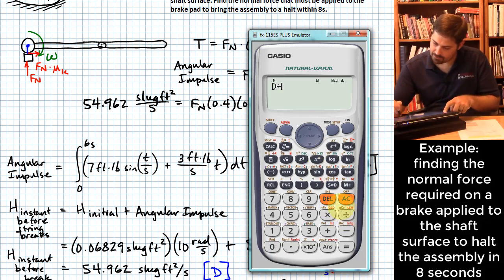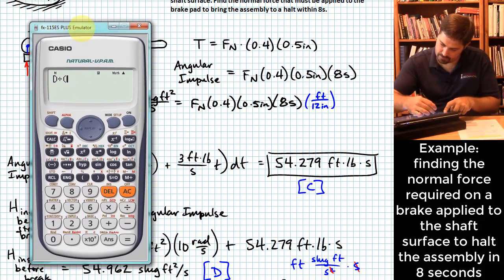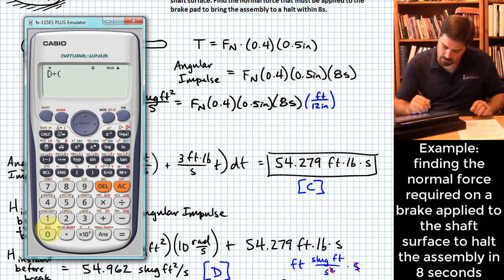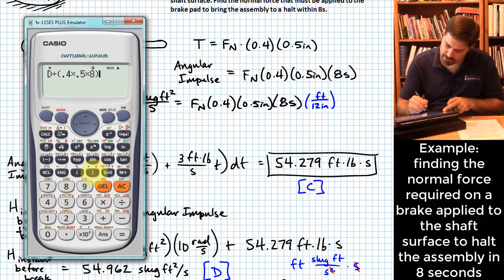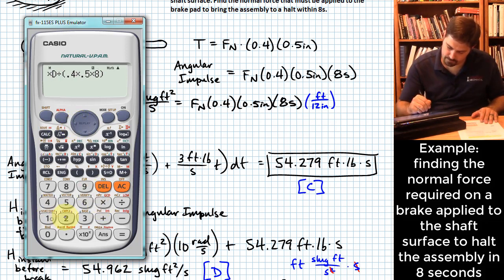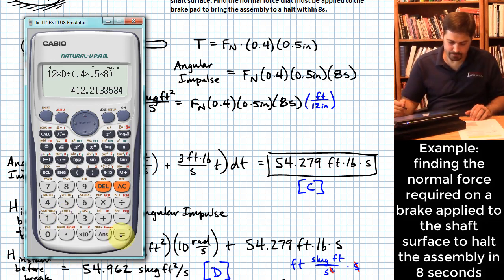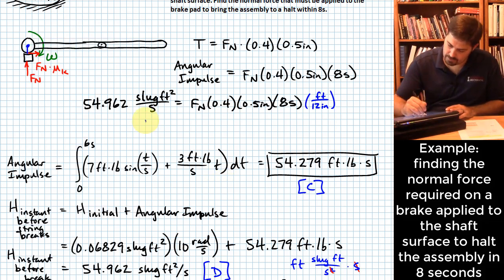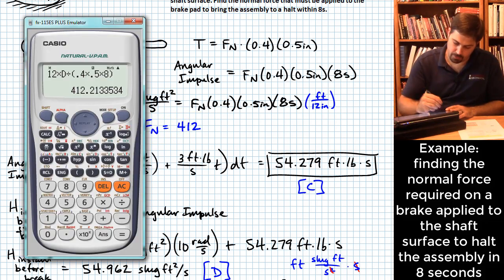I'll take that and I'll divide it by 0.4 times 0.5 times 8. And actually the 12 that I have down here ends up being in the numerator up here. Okay, and that means I need to push with about 412. That's my normal force here. 412.2.